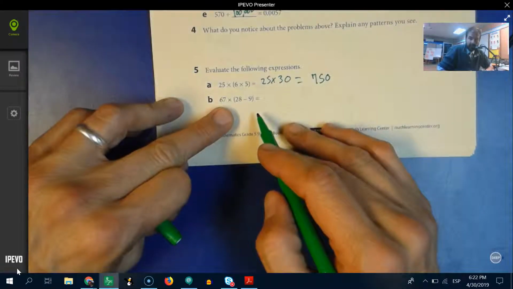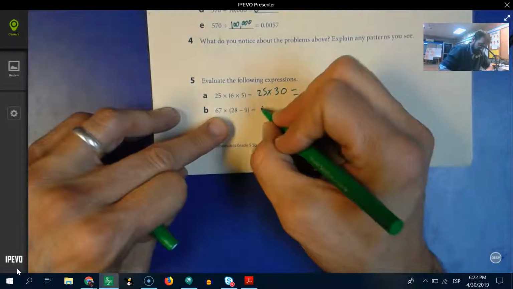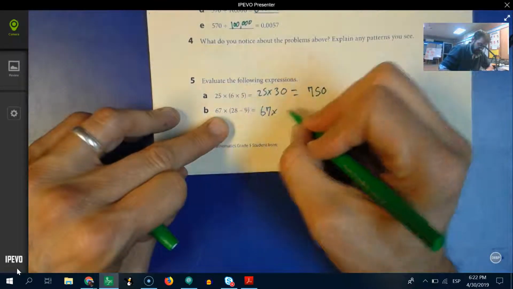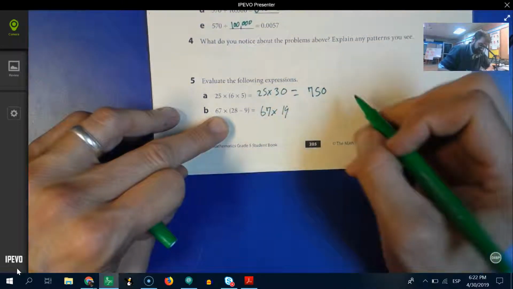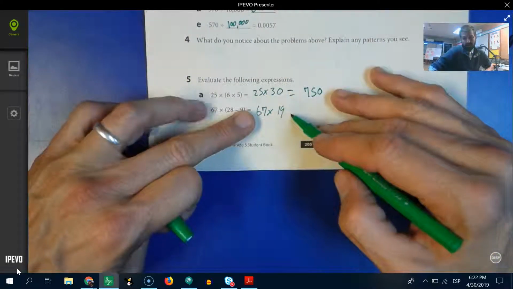67 times 28 minus 9. I mean, 67 times, I wonder if I should be thinking about this differently. Is 19? Oof, that's a tough one. I think I'm going to go, I wanted that by 20.